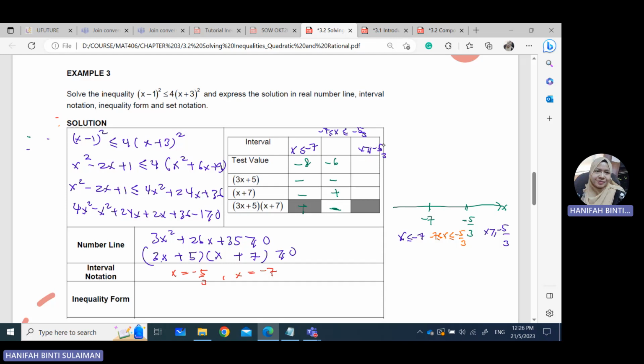So yang ini, as greater than negative 5/3, you can take negative 4. Kalau you nak ambil kosong, boleh. Sebab dia lebih besar daripada negative 5/3. Negative 4, so this one, 3 times negative 4.